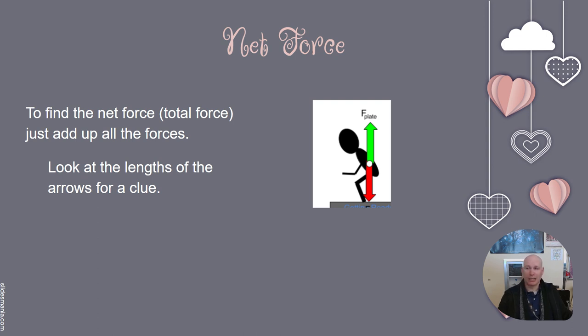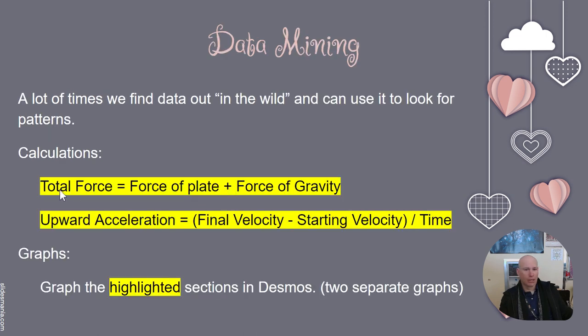So we've added in a couple of extra sections that we're going to need to code so that we can get the information that we actually want from this data table. The first thing that we're going to be coding is this total force.